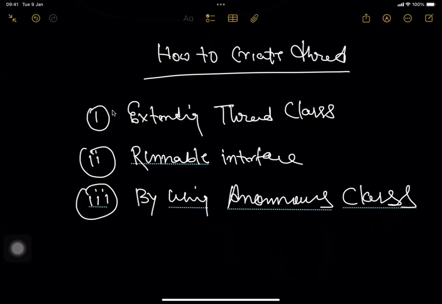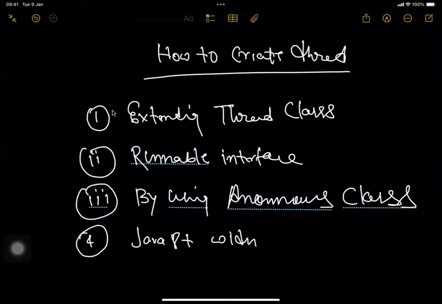And the fourth is in Java 8 plus, after Java 8, you can do it with the help of a lambda expression, which also involves the Thread class.